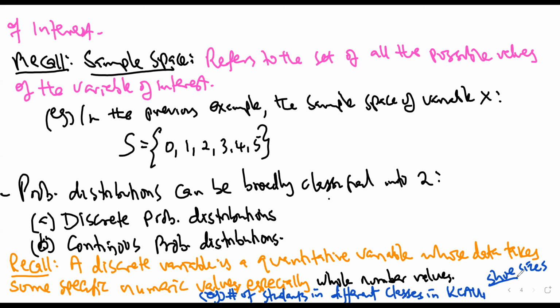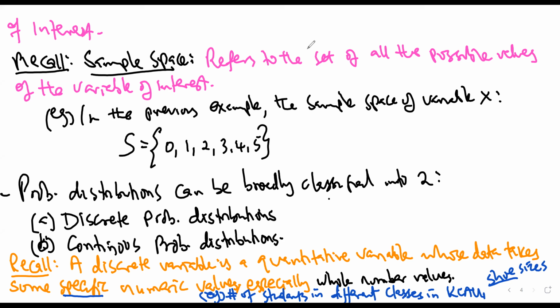And that's why I mentioned that it takes some specific values. You cannot find a shoe size which is not a whole number and is not a number and a half. So the shoe size, though it does not necessarily take a whole number value, is an example of a discrete variable.